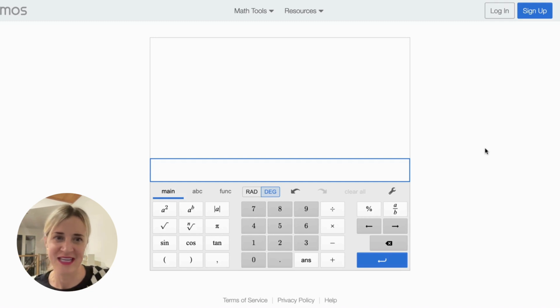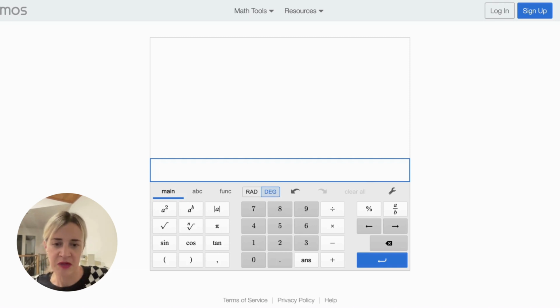Otherwise, you're actually going to get every problem wrong. Same thing, it's like a mode in your calculator. If you use like a TI-83 or something like that, make sure the mode is degrees. And if you are noticing that you're getting every problem wrong, it could be because your calculator is in the wrong mode. So it is important your calculator is in degrees. So make sure the degree part is blue.